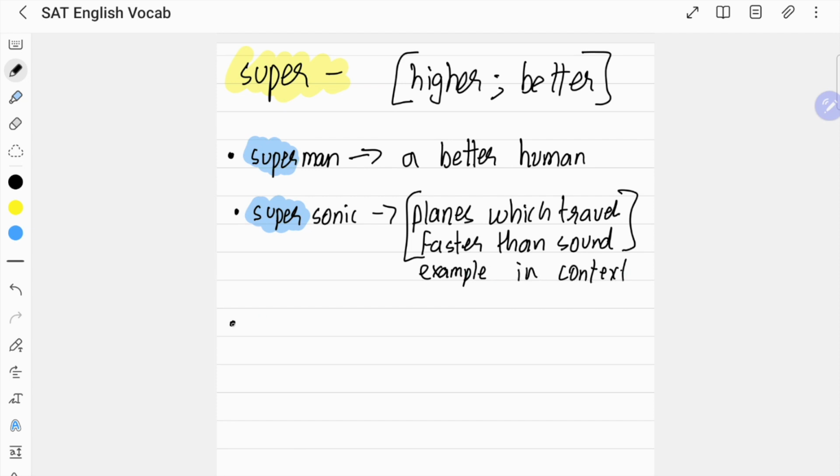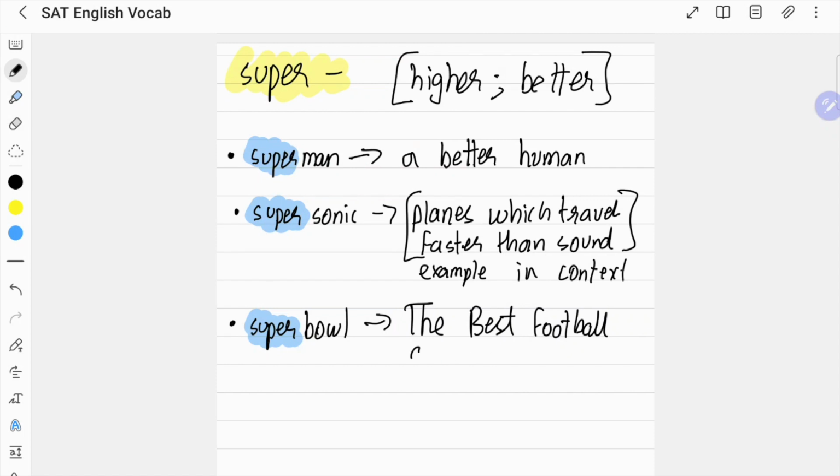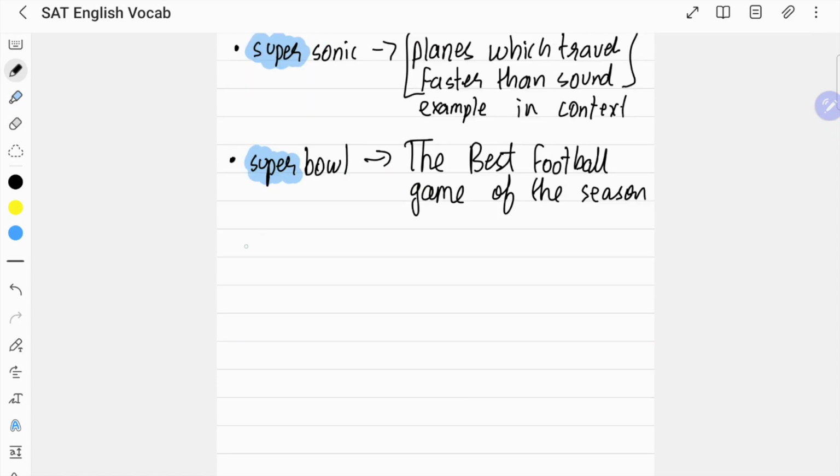You can even take the word Super Bowl. And this time I am talking about the game, the competitive American football game. So it is considered the best football game of the season. Another root word we have is trans, which means across.